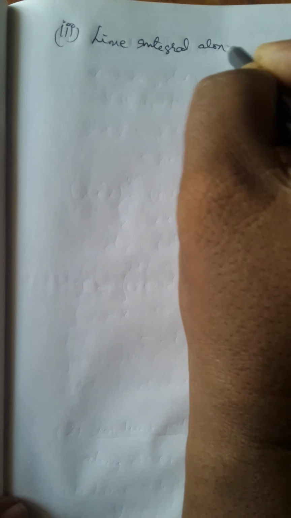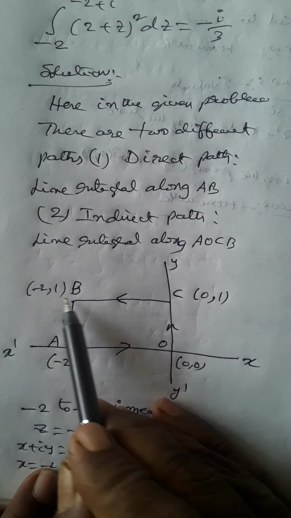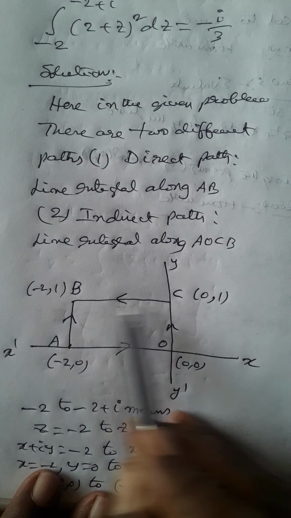Third one, line integral along CB. Along CB, here y is equal to 1. X varies from 0 to minus 2.